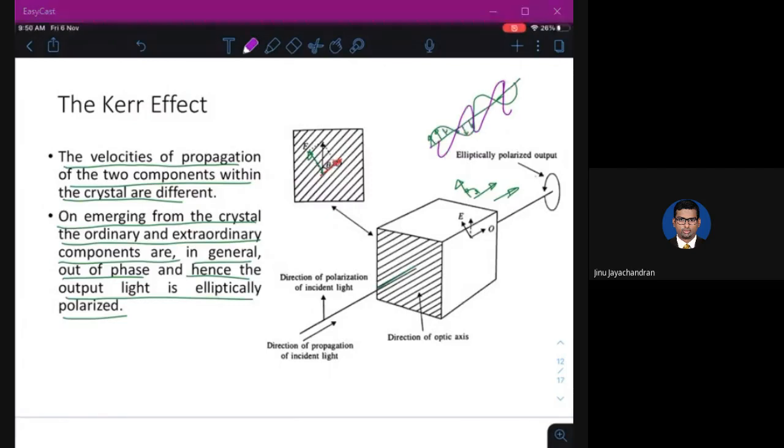Okay, and they will have a different component altogether. So when you see this, somebody viewing from here will see an elliptically polarized light. Okay, so that is not the Kerr effect. This is how the material behaves even if it is not supplied with an electric field.